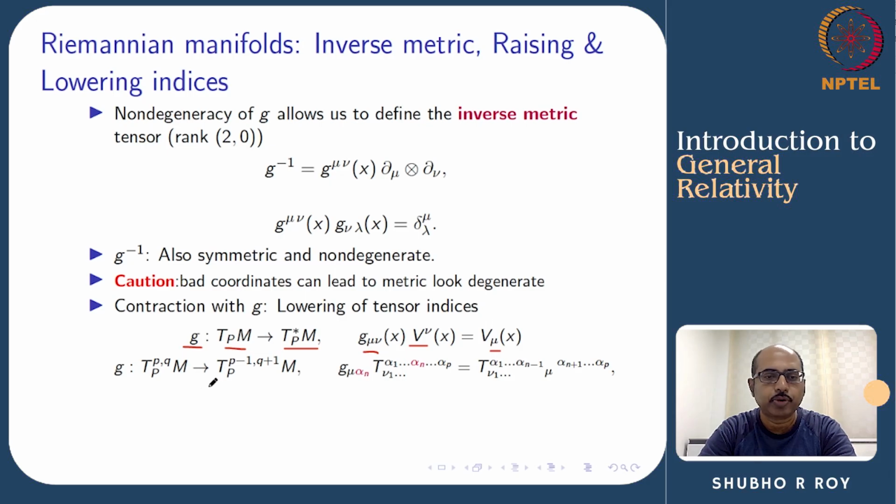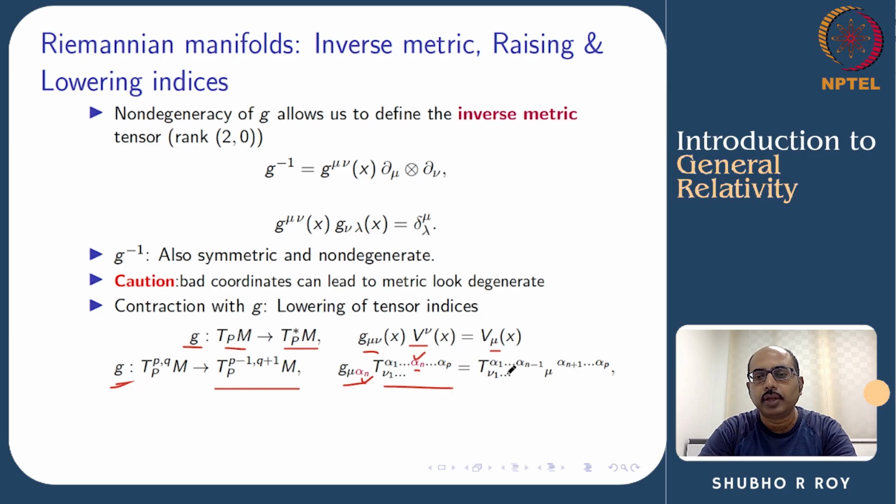And you can repeat this process for a general (p,q) rank tensor. If you contract it with G, you end up with the number of contravariant indices diminished by 1 and the number of covariant indices augmented by 1. Okay, so this is the formula. As you can see, I've taken g_mu alpha_n and contracted it with some tensor which has another alpha_n in the superscript.